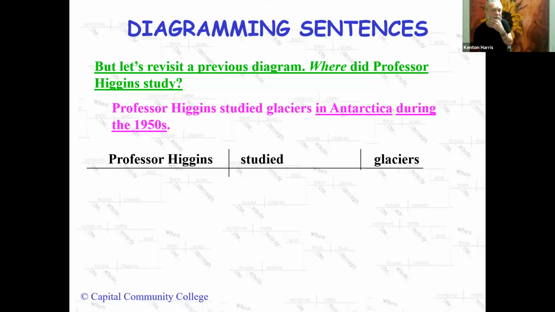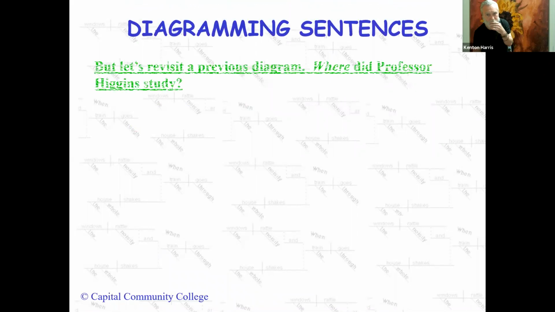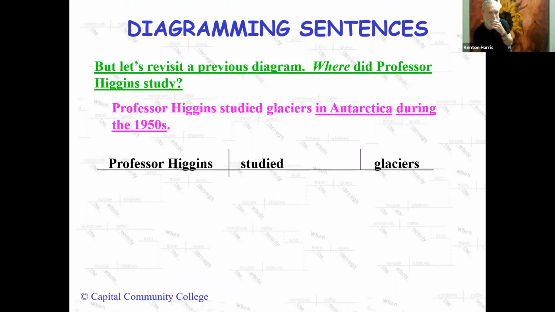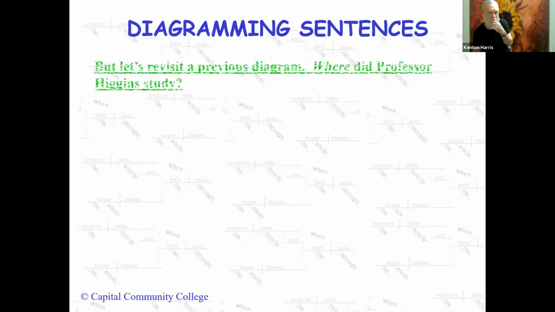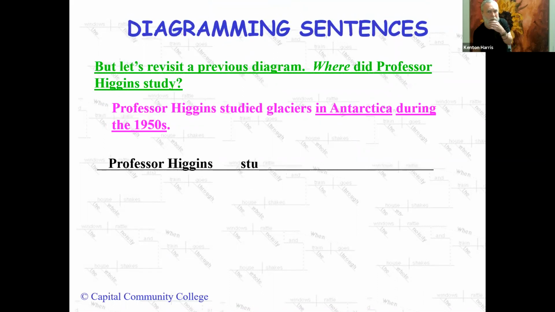Did Professor Higgins study in Antarctica or not? Or were the glaciers in Antarctica? So Professor Higgins might have been in California studying glaciers that were in Antarctica.